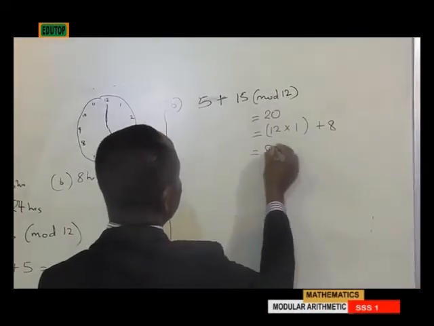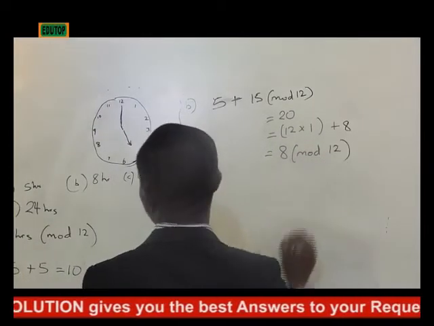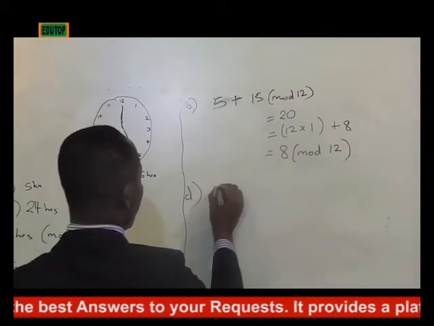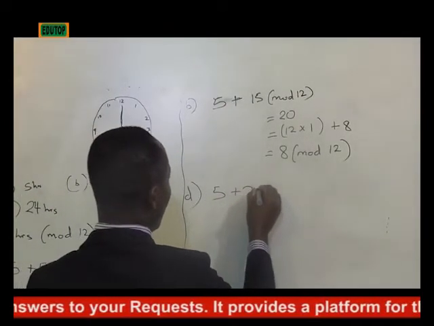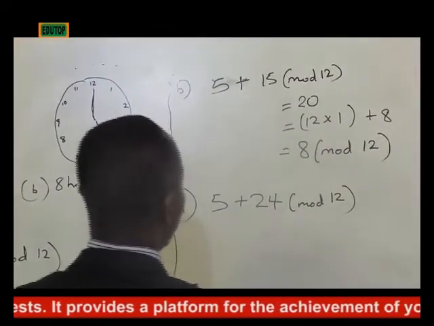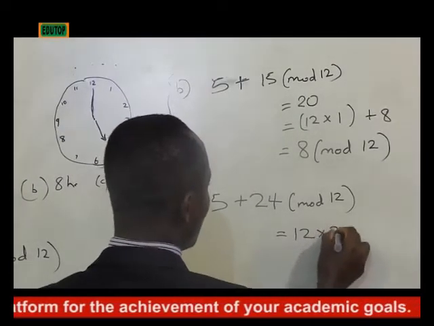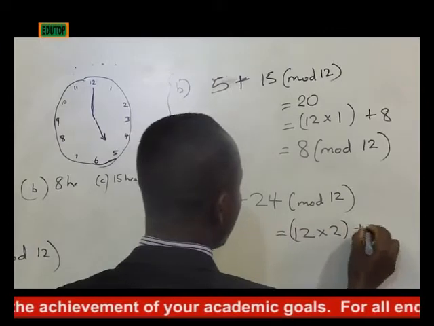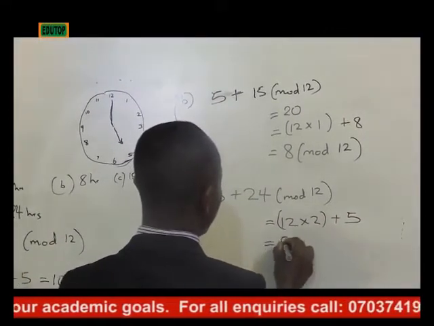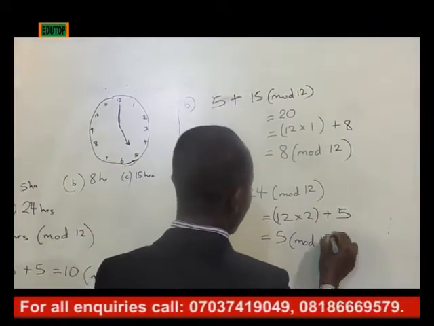So the final answer is 8 modulo 12. Then the last one, D, is 24. That's 5 plus 24 modulo 12, which is 12 times 2 plus 5, which is equal to 5 modulo 12.